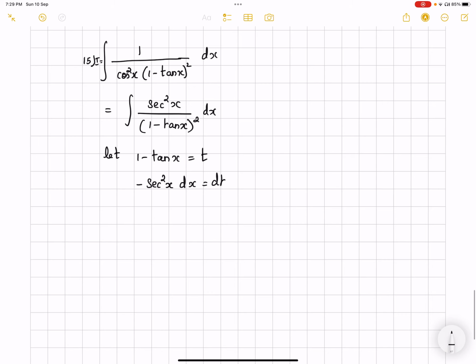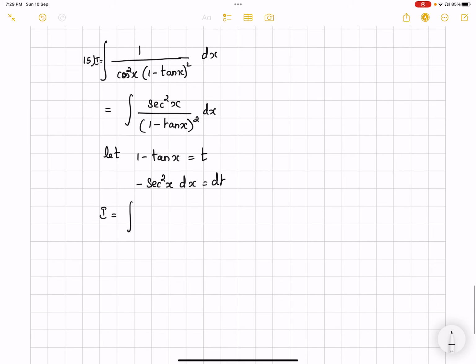So now let's go ahead with the substitution. I is equal to minus dt, because I have secant square x dx but I don't have a negative, so I'm bringing it as minus dt by t square. So minus will come out, and then when I integrate t to the power minus 2, I would get t to the power minus 2 plus 1 divided by minus 2 plus 1.